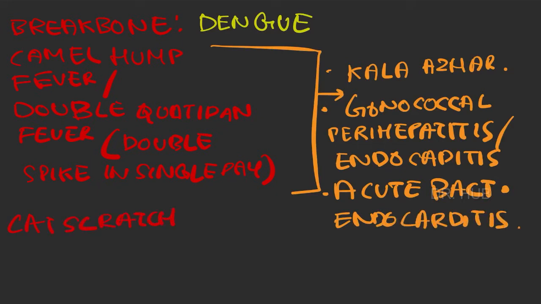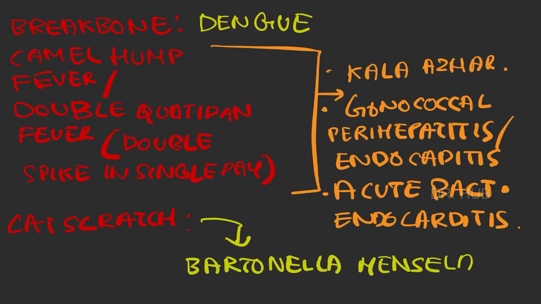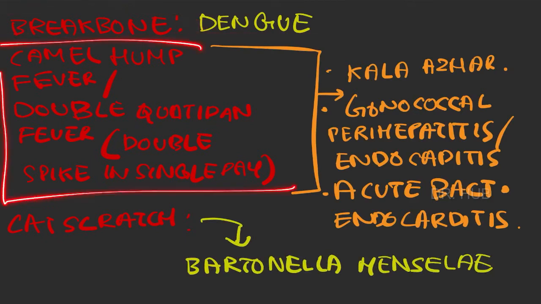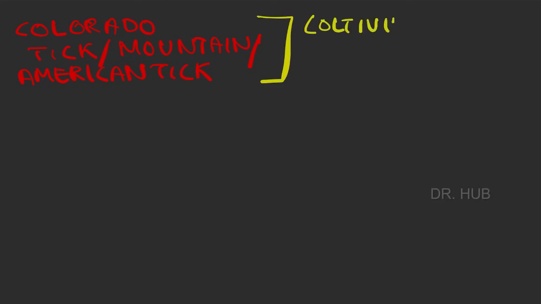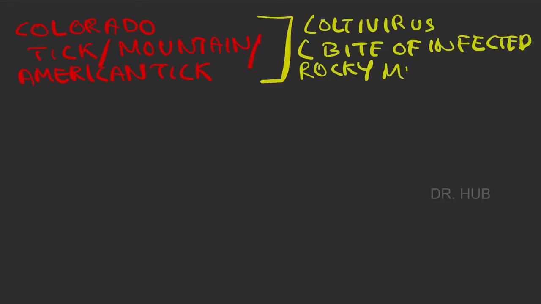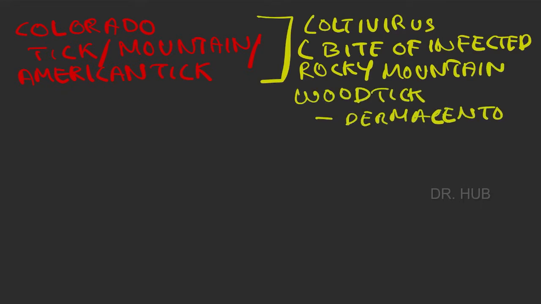Next, looking at cat scratch fever, there is Bartonella henselae. Then Colorado tick fever or mountain American tick fever. This is a coltivirus, from the bite of an infected Rocky Mountain wood tick, Dermacentor andersoni.